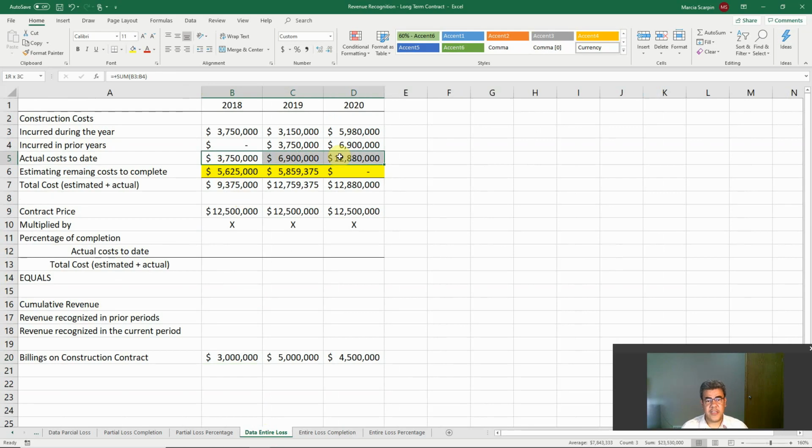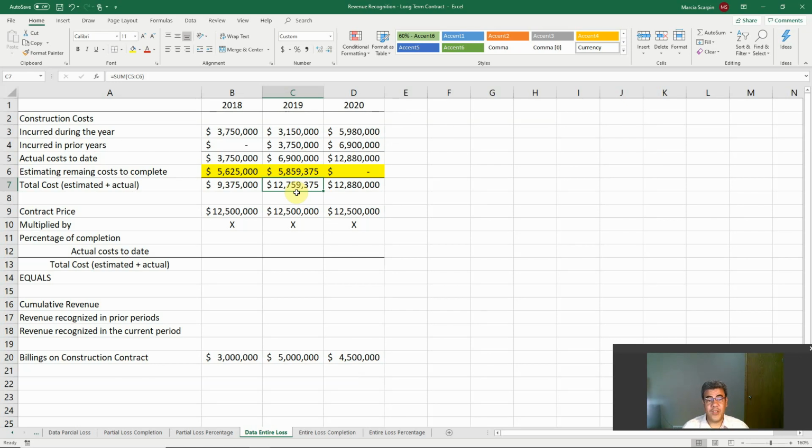So this is the total costs and the estimating remaining cost. So at the end of the first year, our estimated cost would be $9.3 million. Our contract price, 12.5, profitable contract, no problem. The second year, we have a loss in our contract here.